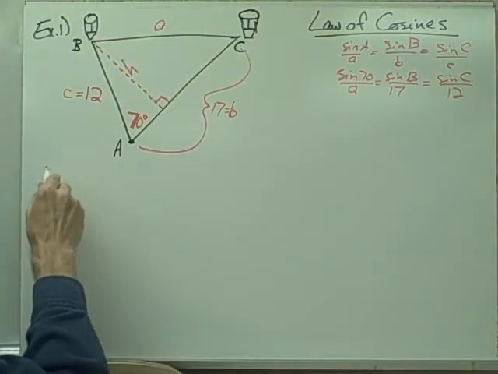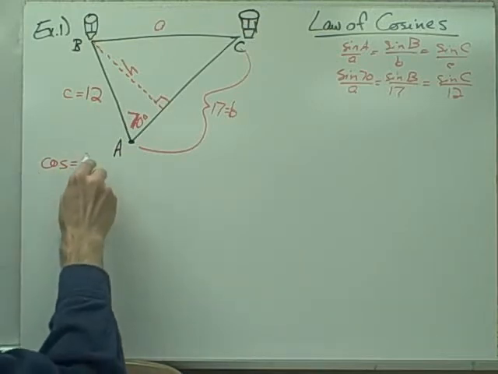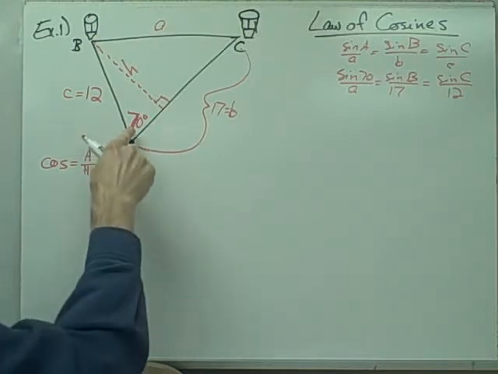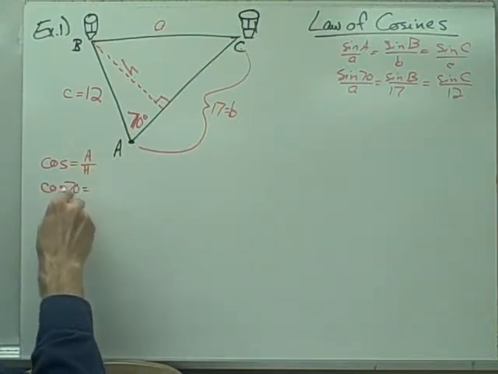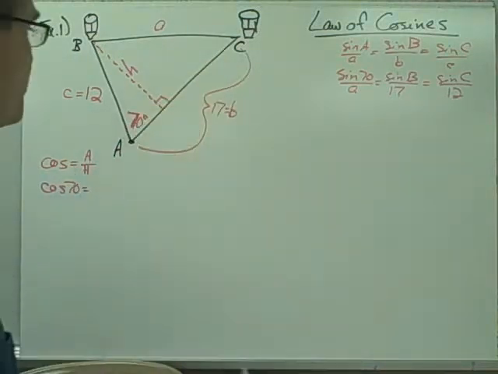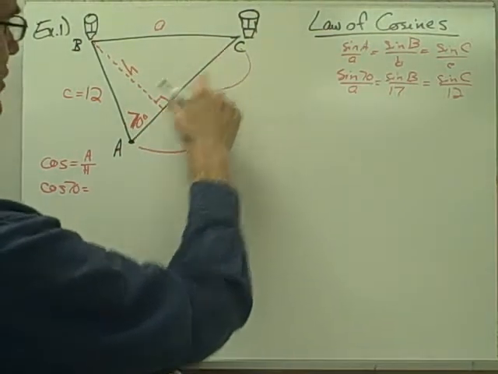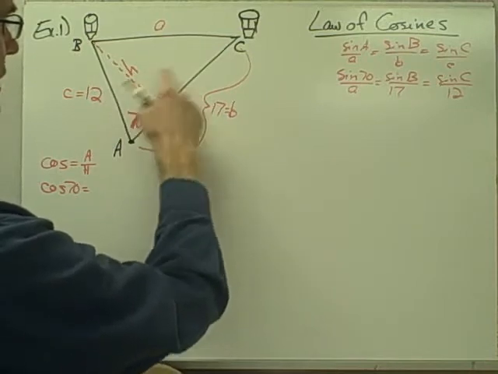If I start over here, let me do my cosine piece right over here. The cosine, remember, is equal to adjacent over hypotenuse. So the cosine of 70 degrees equals adjacent, oh wait, I need another piece here. I need to have some expressions that I can use for these two sides of these two right triangles here.